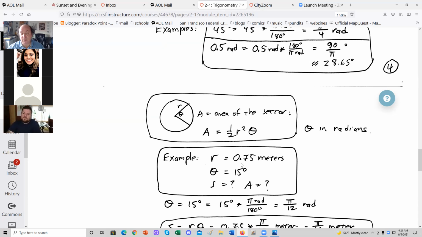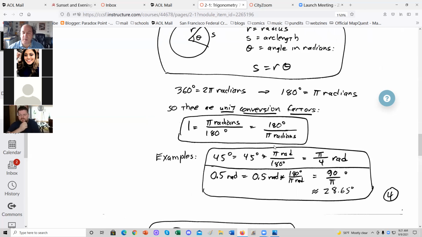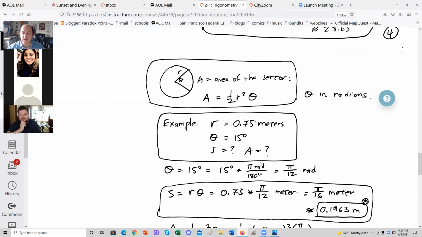For example, if the radius is 0.75 meters and theta is 15 degrees, what's s and what's A? Now remember, s was r theta, A is 1/2 r squared theta. So first we have to convert theta to radians, because 15 won't work.